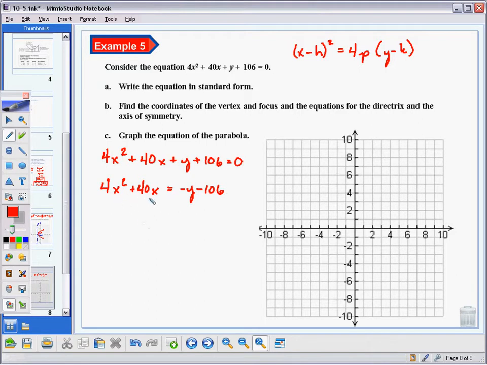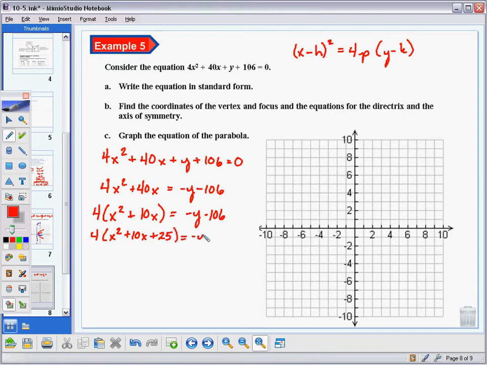Now, in an effort to complete the square on the left-hand side, I'm going to factor out the leading coefficient, leaving me with x squared plus 10x in the parentheses. And then to complete the square, I'm going to take half of the 10, which is 5, squared, which is 25, and add that inside the parentheses. So I'm going to have now x squared plus 10x plus 25.